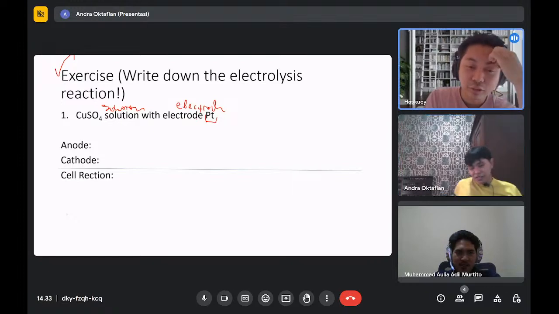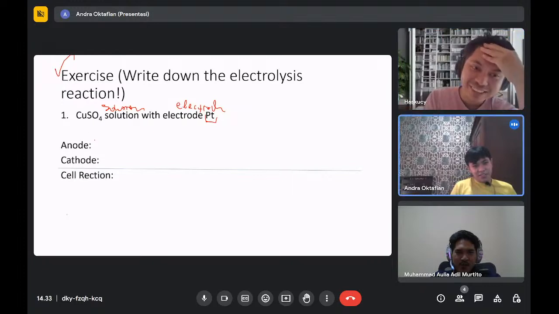The electrode is platinum. The reaction here is copper sulfate, and the electrode we have right now is platinum.